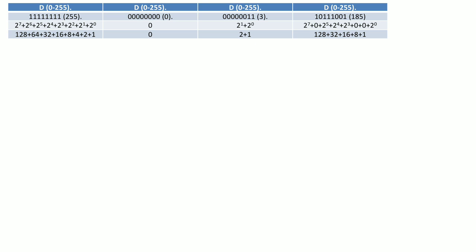Now an IPv4 address comprises 32 bits, and these 32 bits are divided into 4 octets, and each octet contains 8 bits. So once you see an IPv4 address, you do not see it in a binary version.